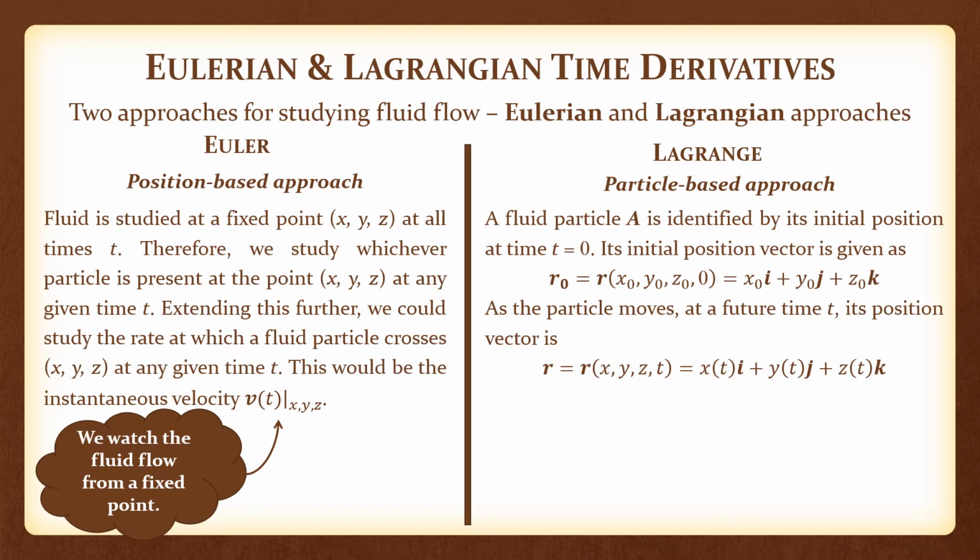And how do I assign this A? I am looking at some arbitrary time t equal to 0, and I am looking at what its initial position vector is. And that initial position vector I am taking to be R0, R being the position vector. Now you can of course express this in any particular coordinate system, but wherever I am giving these kinds of examples, I have always stuck to the Cartesian coordinate system for us to easily visualize and understand this.